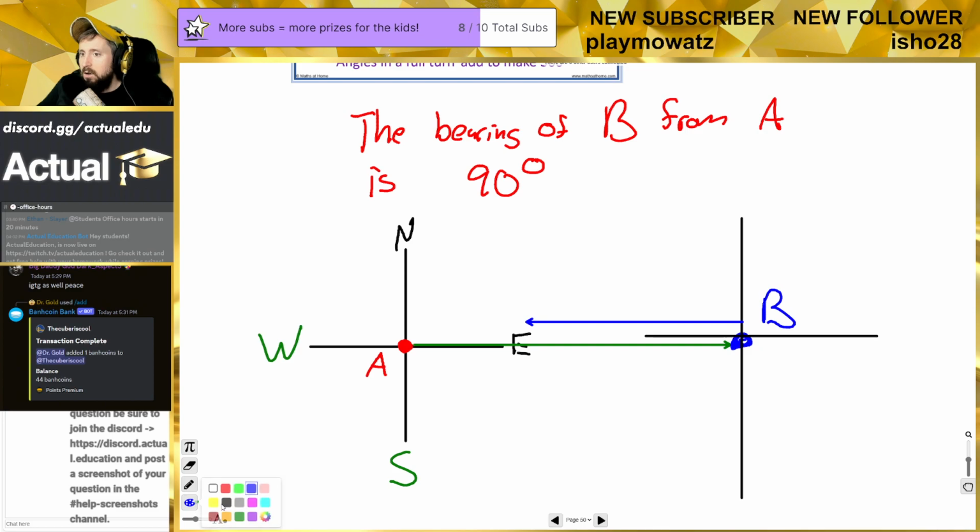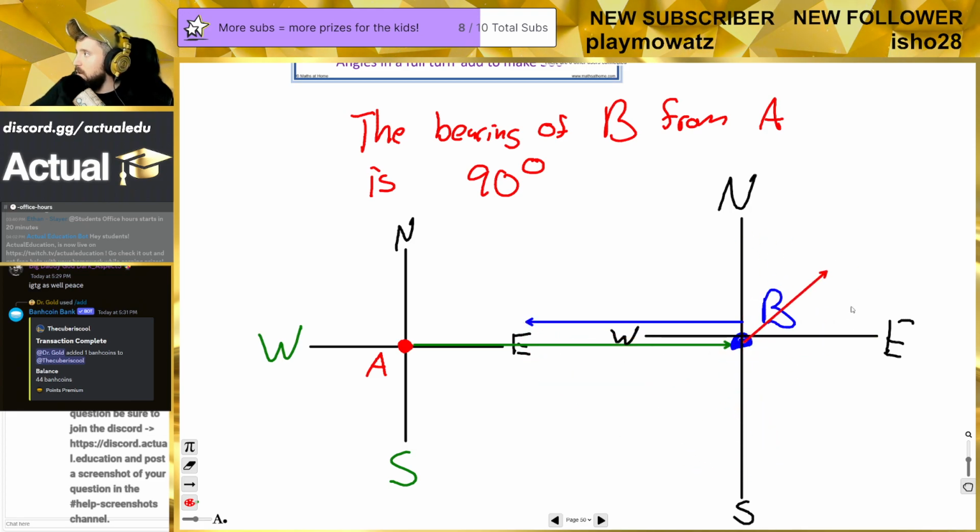Cool. What is the bearing of this? 90 degrees? Why do you think it's 90? 90 would be going this way. It's 270.